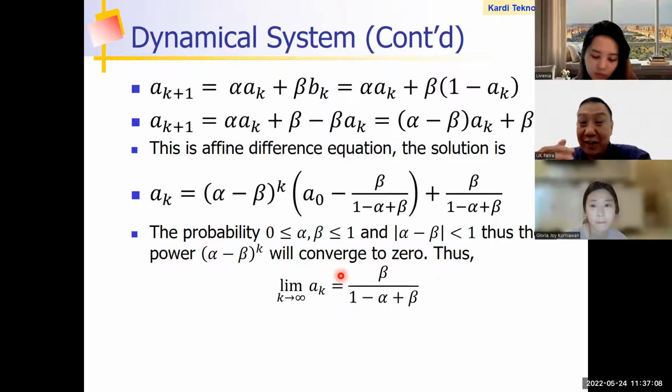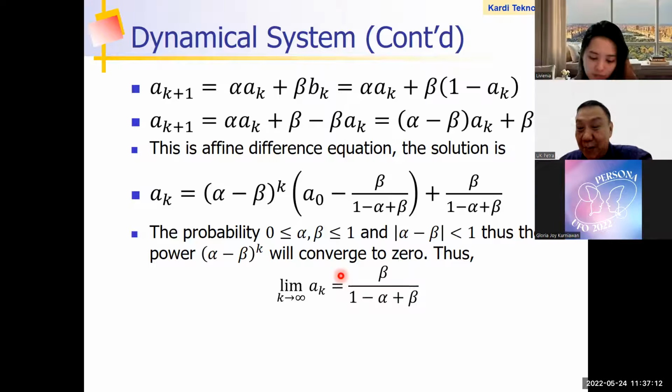This is just one example. My point here is, do you understand the meaning of steady state, long-term behavior? The computation you don't need to remember, but the meaning only. The long-term behavior means I want to get that Markov chain from a while ago.